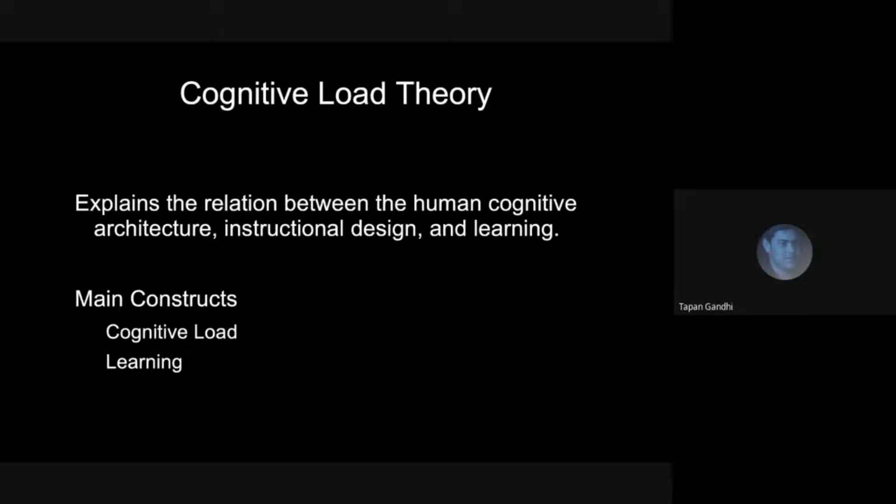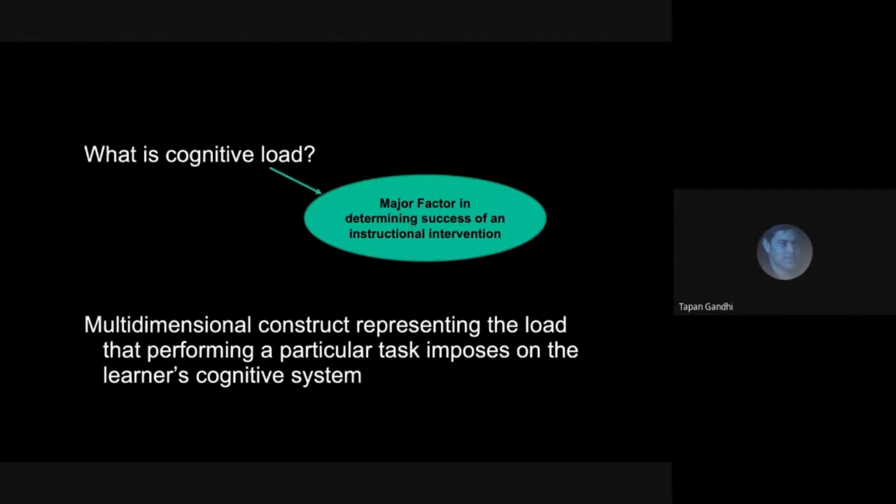This explains the relation between human cognitive architecture, instructional design, and learning. Two main constraints for this kind of cognitive problem are cognitive load and learning. As I told you, if we increase the cognitive load, the learning will not be efficient. So you have to compromise; these are all handshaking kinds of approaches.